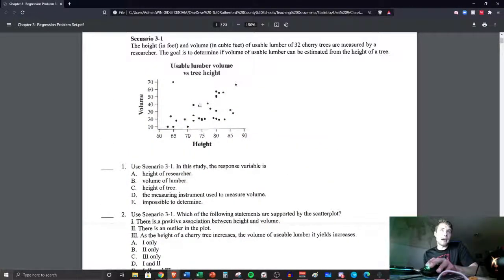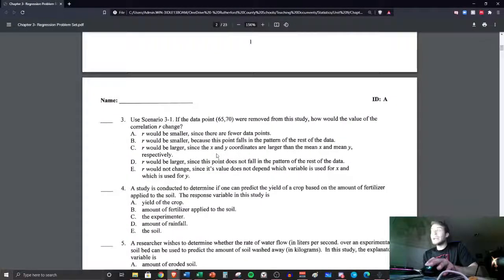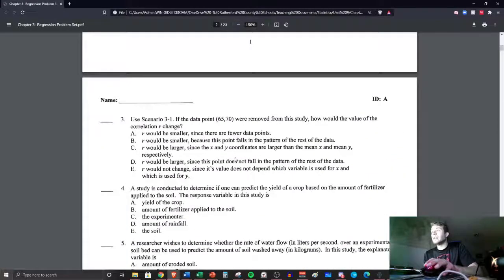It's way out of the pattern of this overall graph with the volume of the tree. So that should help the R value. It should make the R value larger since it does not fall within the pattern of the rest of the data. So I kind of answered the question there, but hopefully that makes sense, and hopefully it's not too bad for you guys today. We'll stop it there and go ahead and start working on this problem set.